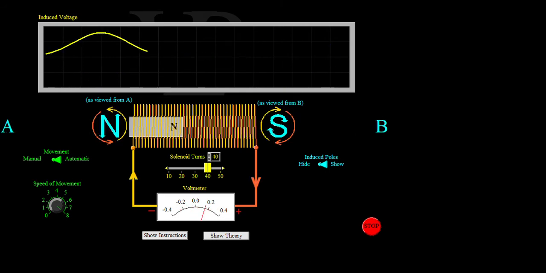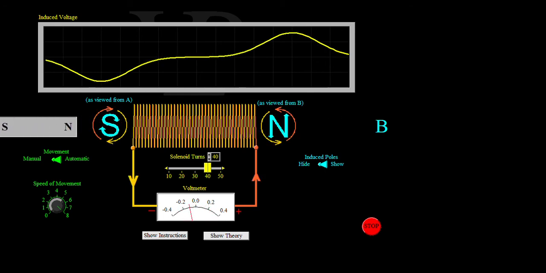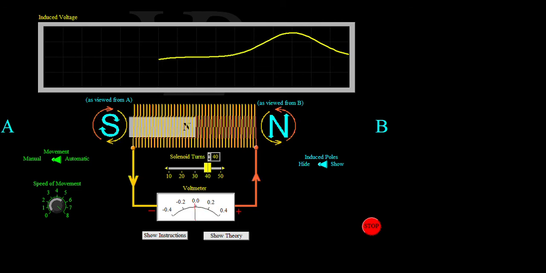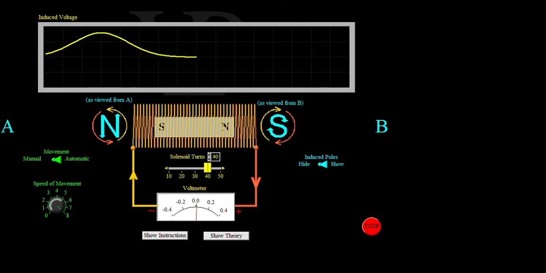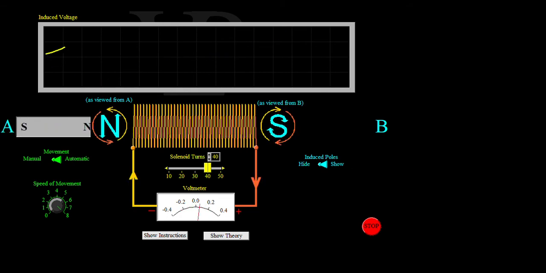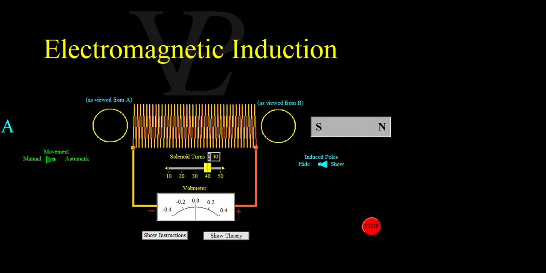So what you have here is the induced potential difference is being induced in such a way that the current which flows tries to stop the change causing it. The change that's causing it is, in this case, the south pole coming in towards the solenoid or coil. So this end becomes a south pole trying to push it out.